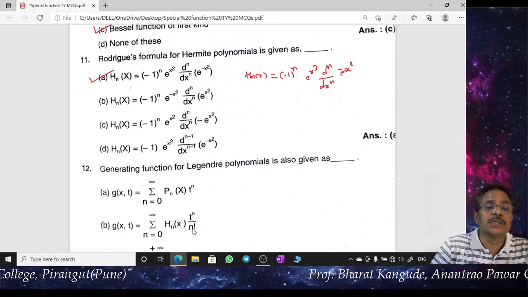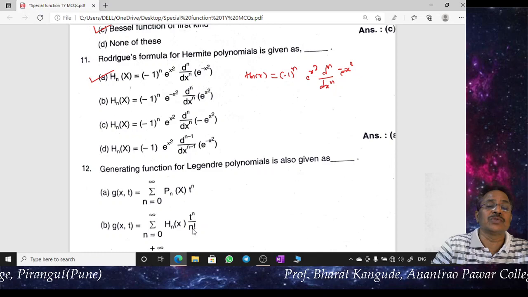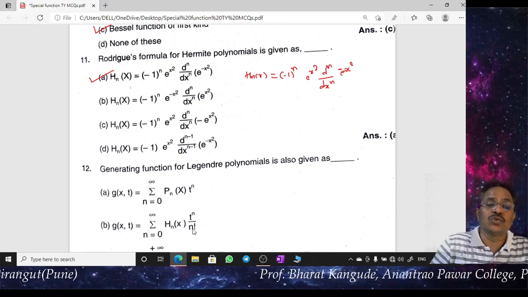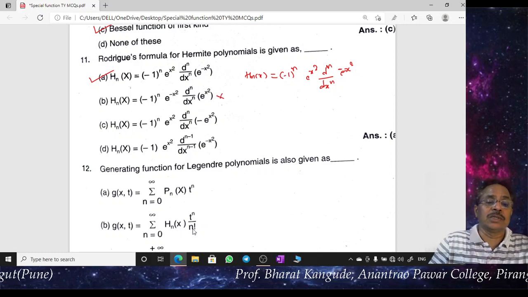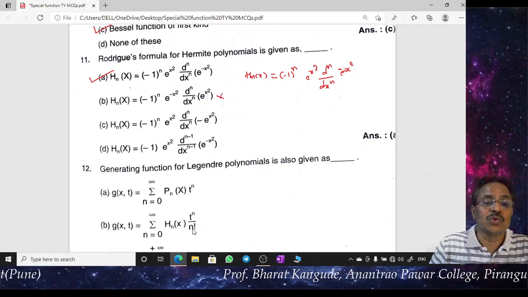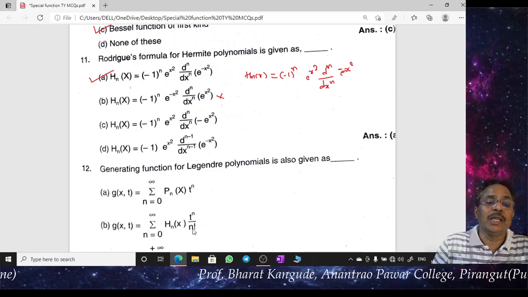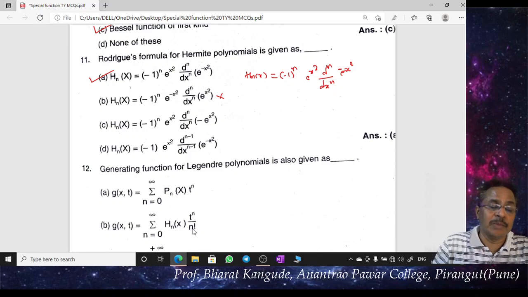In other options, the middle term e raised to x square has been replaced by e raised to minus x square. That is wrong. As well as e raised to minus x square in the bracket has been replaced by e raised to x square. So this is also not correct. Here minus 1 raised to n into e raised to x square is there, but in the bracket, the sign of the e raised to minus x square has been changed.